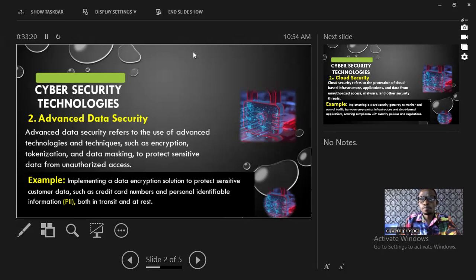Are you aware that all those things you are posting on Facebook everywhere are stored somewhere? The ones you post on WhatsApp are in the WhatsApp database. The ones you post on Facebook are in the Facebook database. But there is a law that binds them.